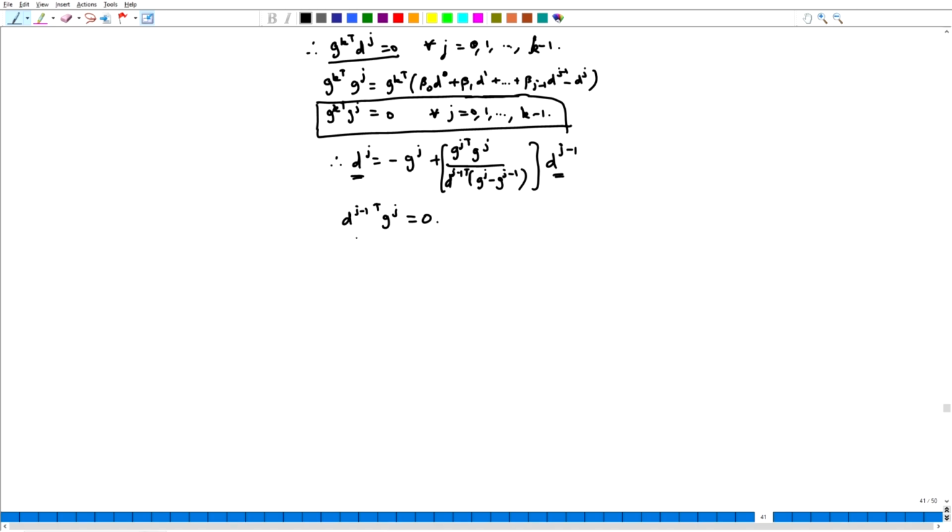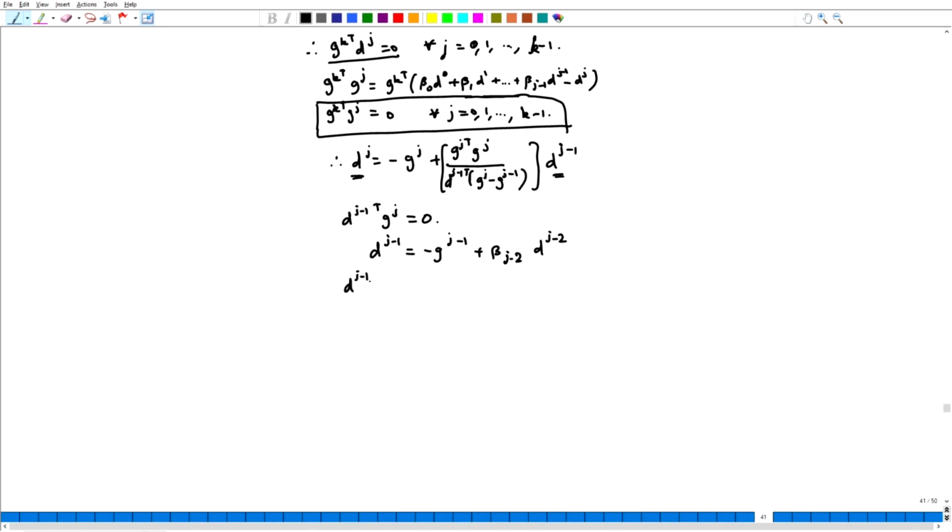Now we will also simplify dj minus 1 transpose gj minus 1. We will do that as follows. dj minus 1 is actually minus gj minus 1 plus, repeating whatever we had here, beta j minus 2 dj minus 2. So multiplying throughout by gj minus 1.